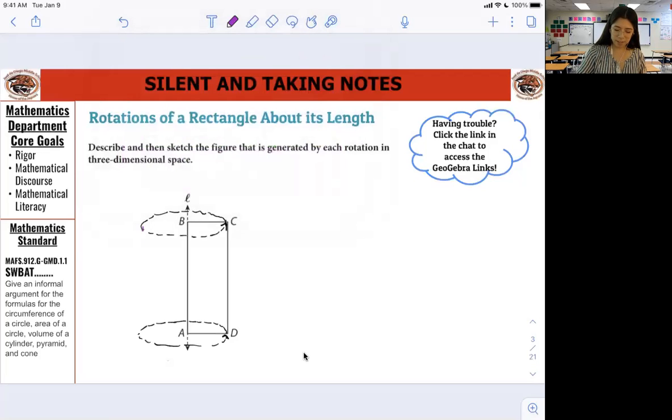We get a cylinder. We sure do. All right, so there's my cylinder. Let me fill it in.